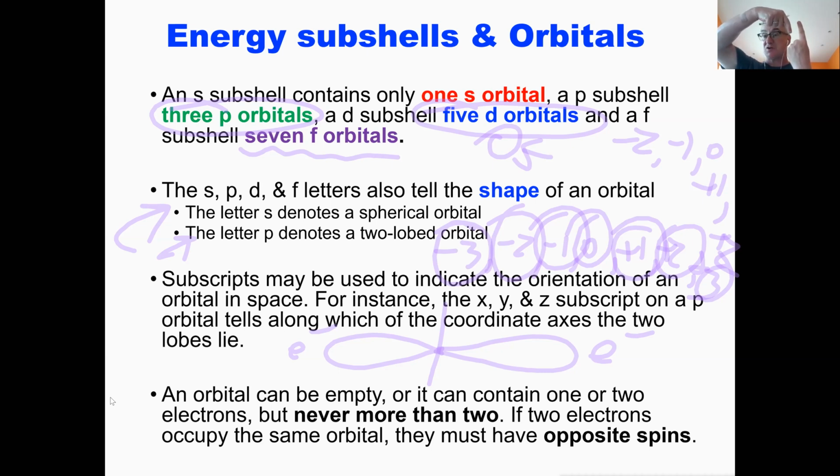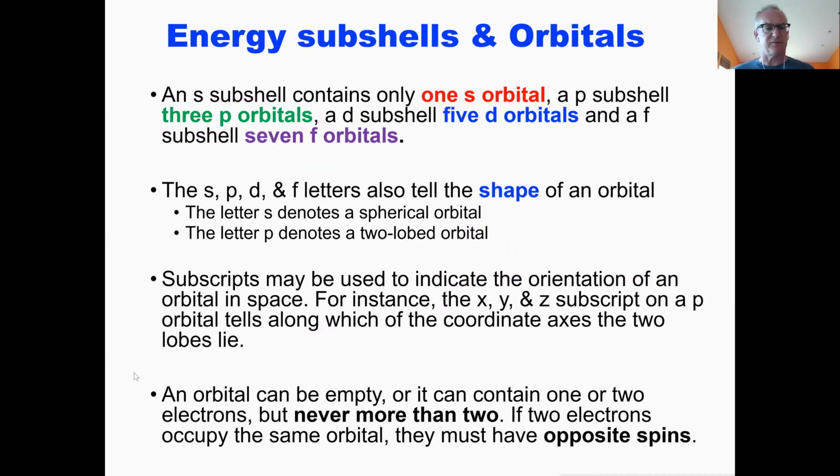So the very last quantum number has to be different, because remember, every electron has to have a different set of quantum numbers. So even if they're in the exact same location, they have to be different. One spinning one way, one spinning the other way. Okay? Let's have a look and see what these look like, because some of these look really cool.